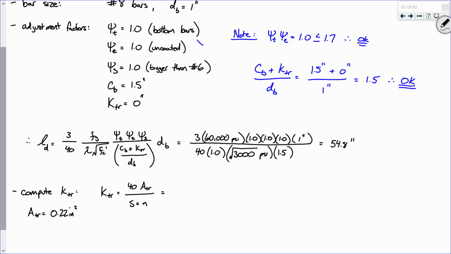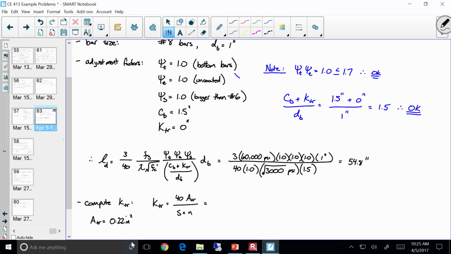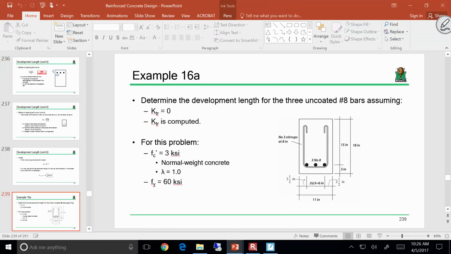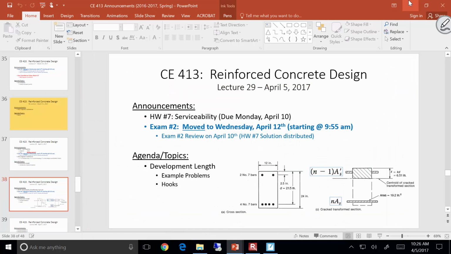Everybody remember that? Now, how many bars are on a single layer? How many longitudinal bars are we dealing with? Bars running along the beam. How many of these are there? 3. Okay?